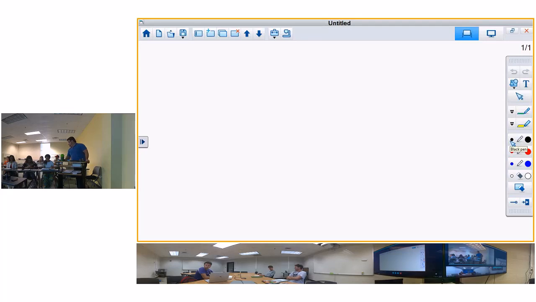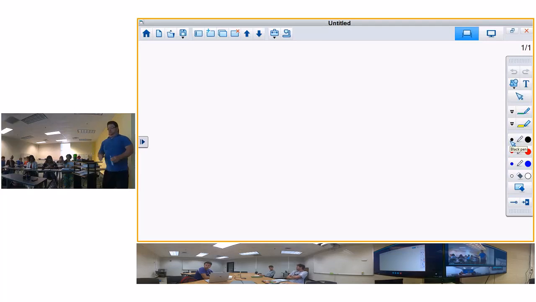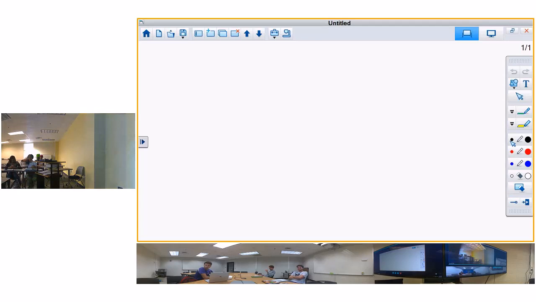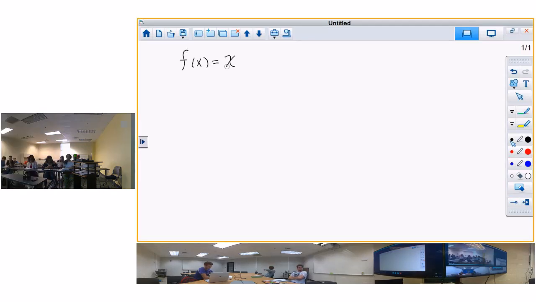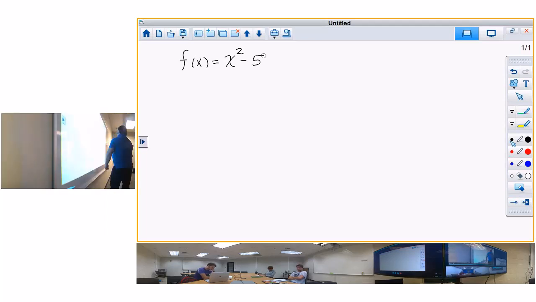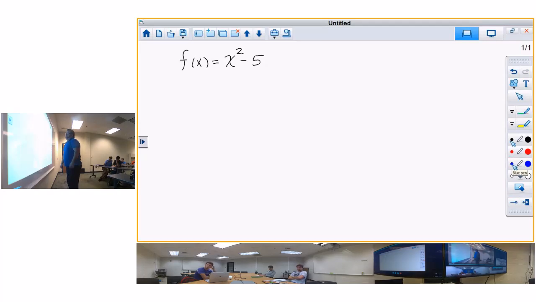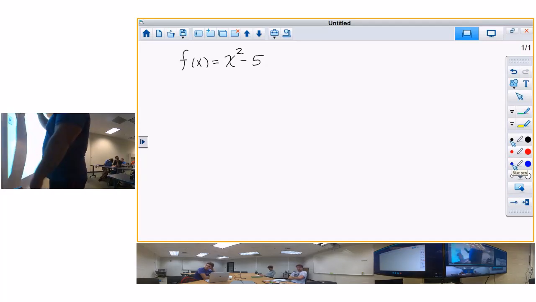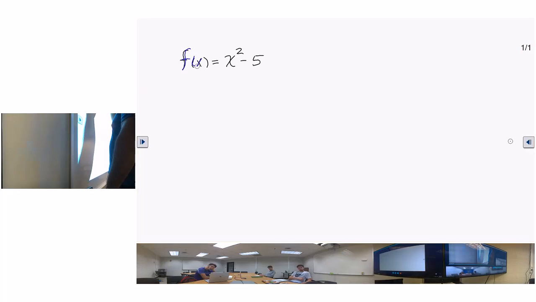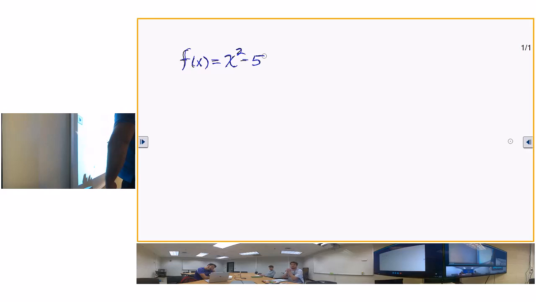All right, what's the first one? X squared minus 5. Okay, f of x is equal to x squared minus 5. Yes. All right, so I'm going to rewrite that in blue. F of x is equal to x squared minus 5.